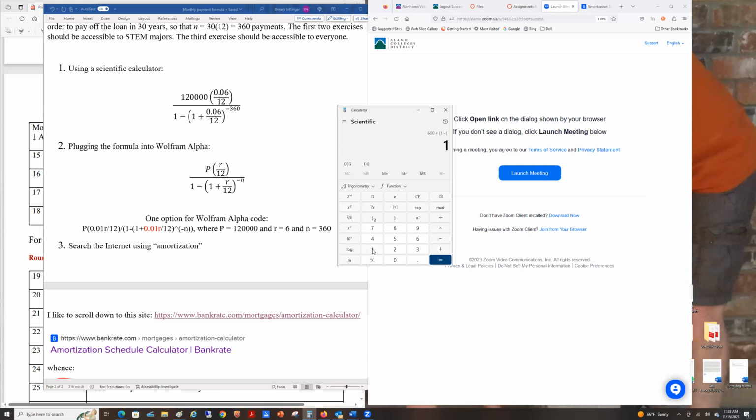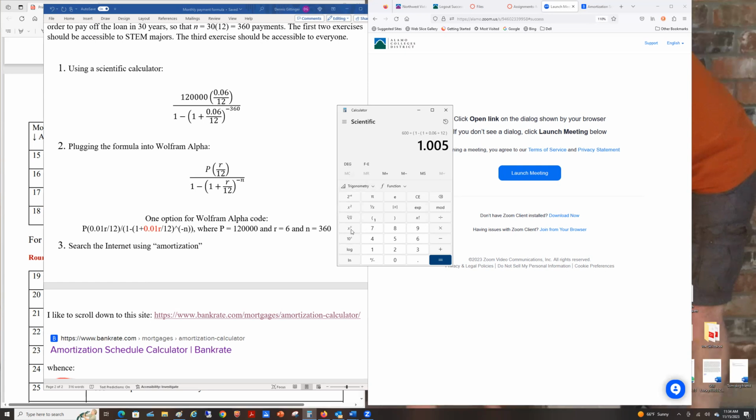So that's going to be 1 plus 0.06 divided by 12. Again, that's the monthly interest. Close parentheses. That's 1.005 in that parentheses. Sure it is, because 12 into 0.06 is 0.005.